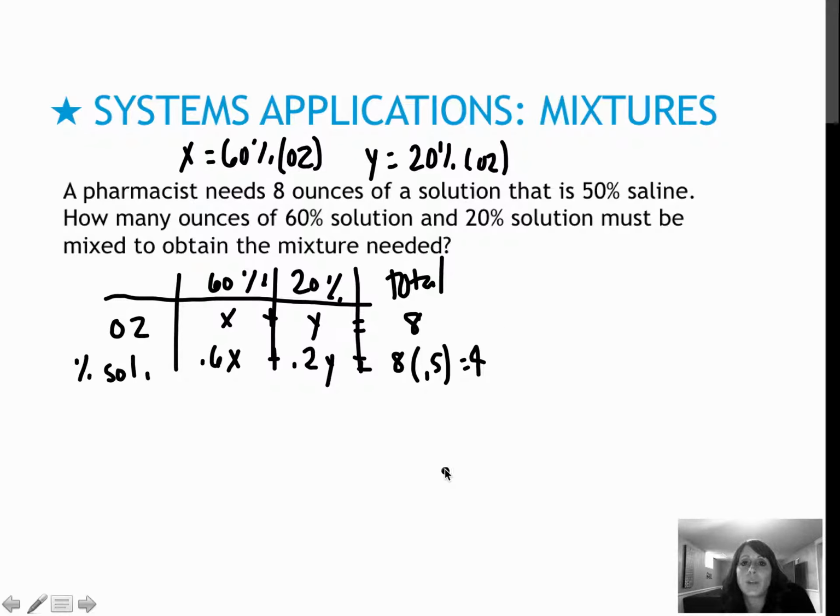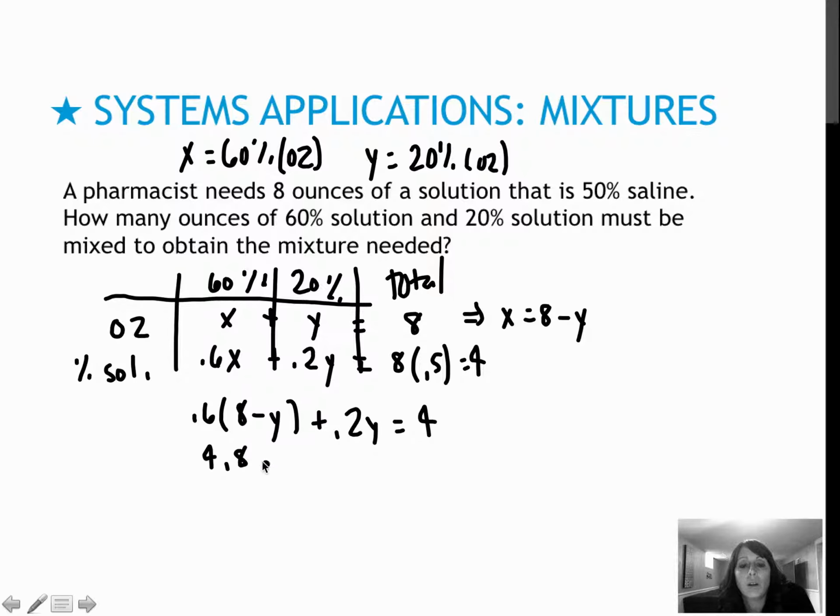Again, you can choose whichever method that you want. I've solved the other ones using elimination. I'm going to choose substitution on this one. So I'm going to call this X equals 8 minus Y and plug it in for X. So 0.6 times 8 minus Y plus 0.2Y equals 4. I'm going to distribute that 0.6, combine my like terms on the left side of my equation. Everything else stays the same.